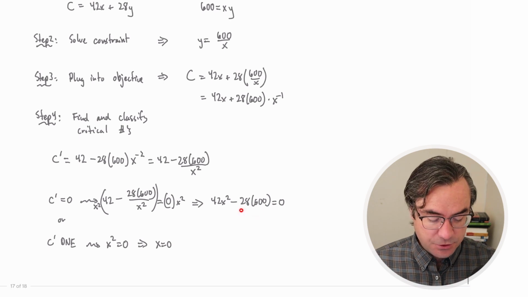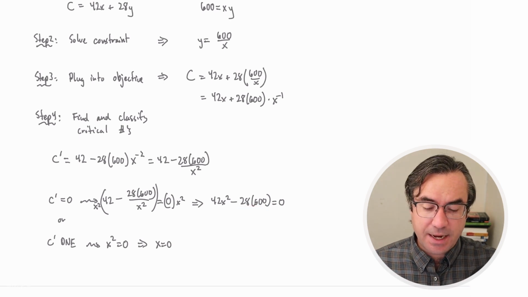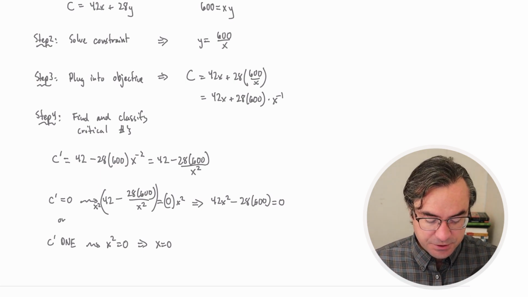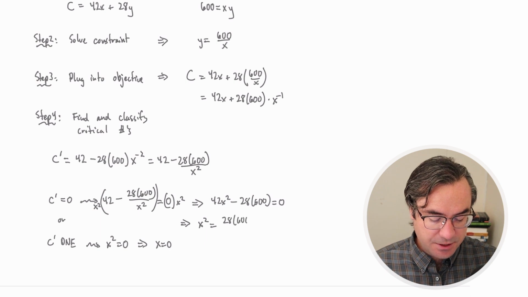Then we take the 28 times 600, move it to the other side, and divide by 42. So in this case, we end up with x squared is equal to 28 times 600 divided by 42.